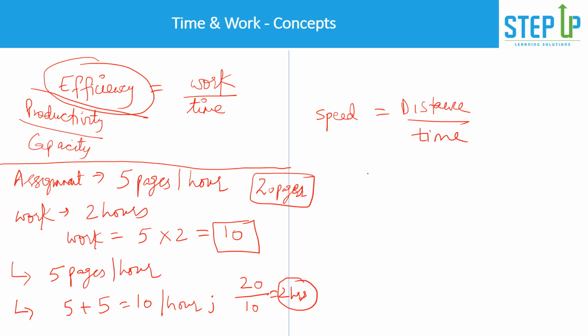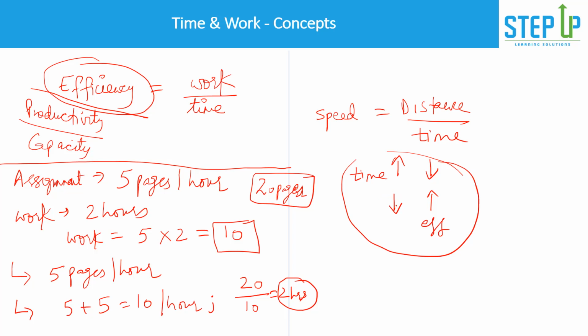So the same concept, and using the concept of proportionality, you will also realize that for constant work, your time and efficiency have an inverse ratio. That means if the work is constant, if you take more time, your efficiency is less. Or if you take less time, your efficiency is more. Isn't it? Right? We can derive this. So this is the only concept that we'll use to solve the questions as we go ahead.